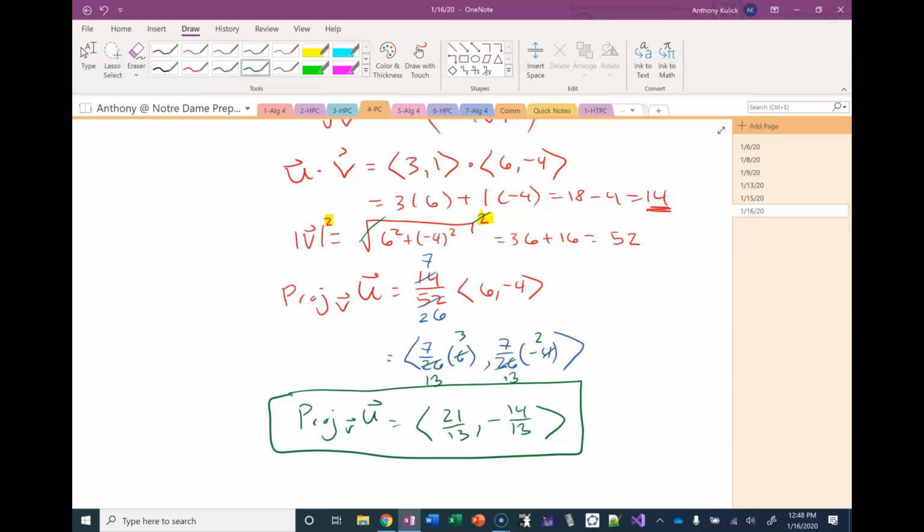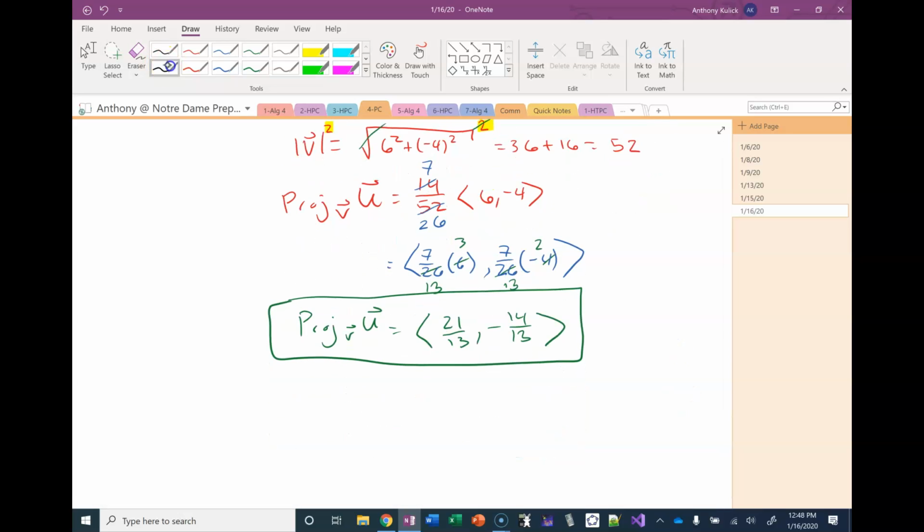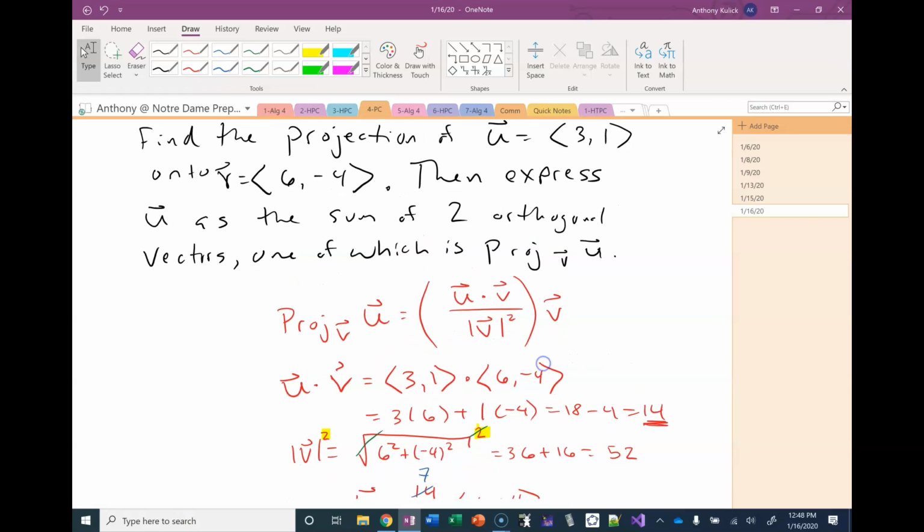Okay. All right. So that's half of this example. That was the hard half, by the way. The other half is that we want to express u as the sum of two orthogonal vectors, one of which is this projection.